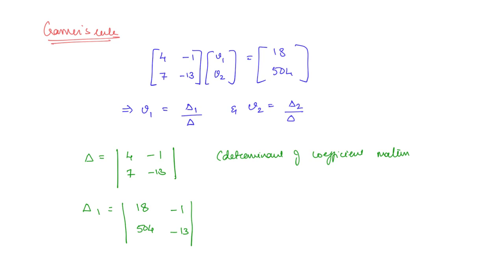What about delta 2? Here the second column you have to replace. The first column will remain as it is, 4 and 7, and the second column you will have 18 and 504. Once you find the determinants, you just have to substitute V1 is equal to delta 1 by delta and V2 is delta 2 by delta. You're going to get the same answer.